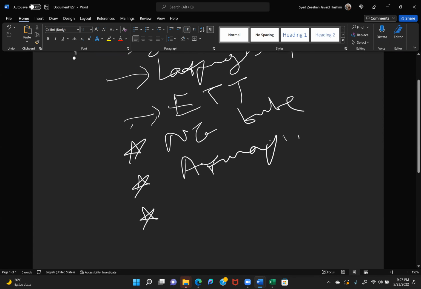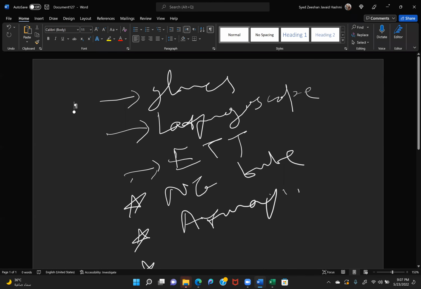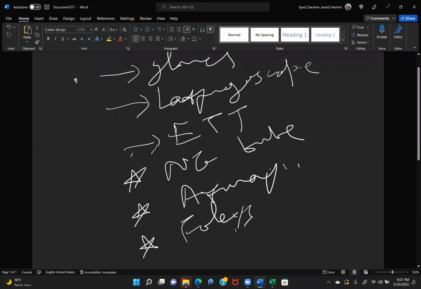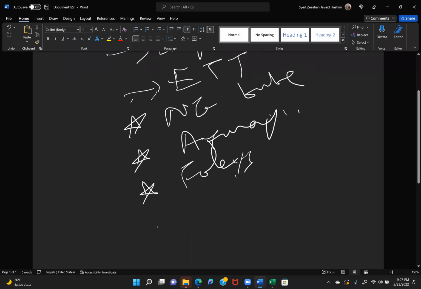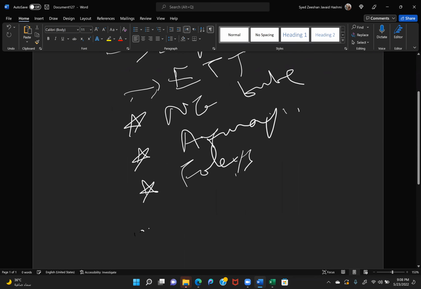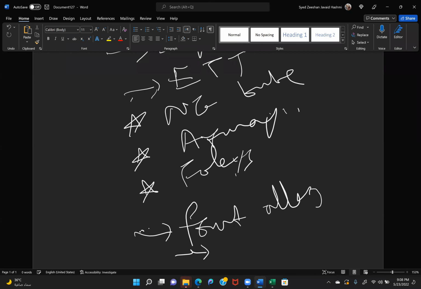Usually gloves, endotracheal tube, NG tube, Foley's. Okay, so these are the culprits in the operation theater. Of course, patients who have fruit allergies, we don't give fruit in the operation theater, so I think there should not be any problem. Yes, but of course, spina bifida.